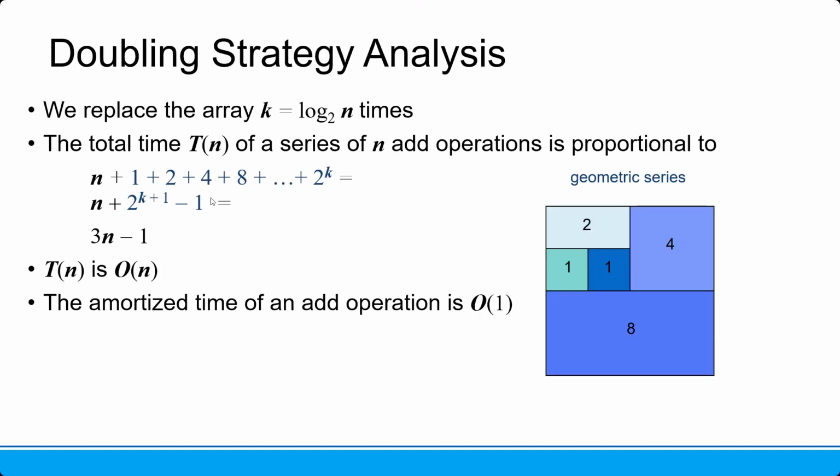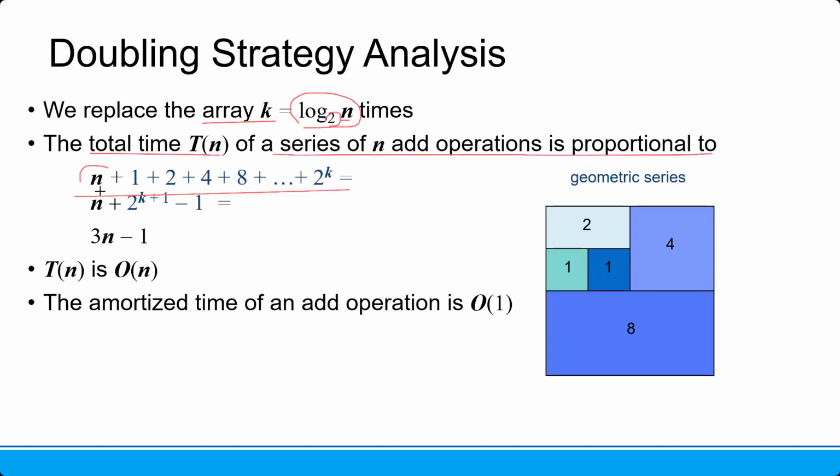Now let's see if we use the doubling strategy. What does it mean by doubling strategy? We will replace the array when k equals log base 2 of n. So the total time Tn of a series of n operations is proportional to this one.